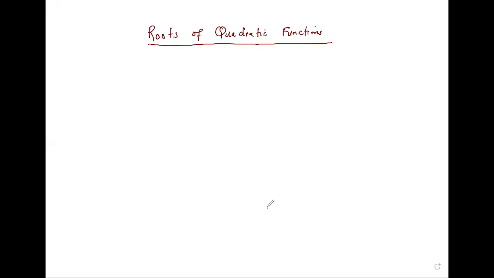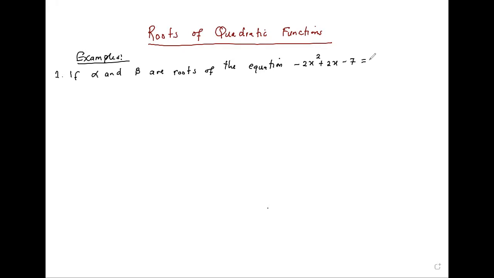So the first question is, one, if alpha and beta are roots of the equation -2x squared plus 2x minus 7 is equal to 0.